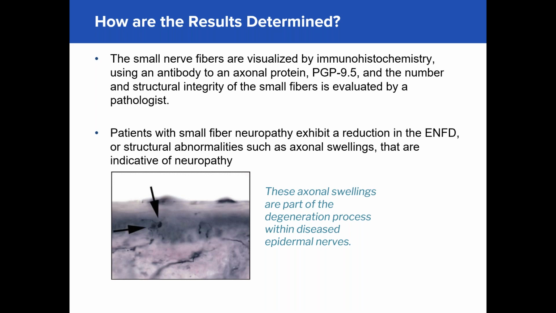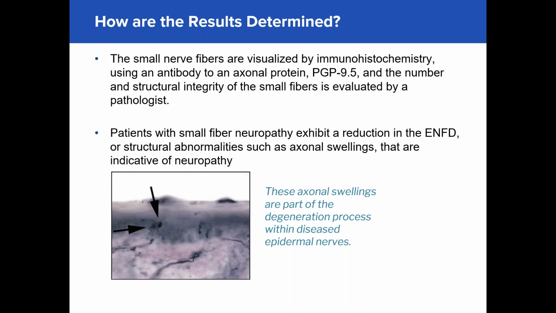It's a protein called PGP 9.5, and that's what's going to stain the nerves and show the integrity of the nerve. So patients with small fiber neuropathy will show a reduced number of nerves. If you remember, I said we want to see about 10 nerve endings in that biopsy, and depending on how many they have is what's going to determine the severity of the disease.